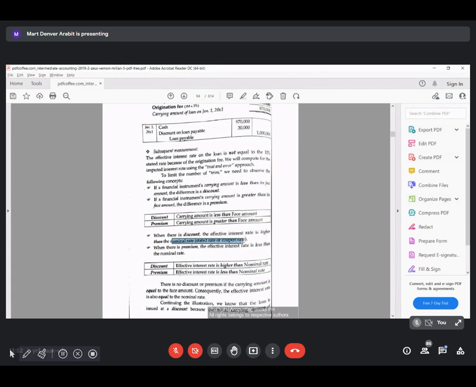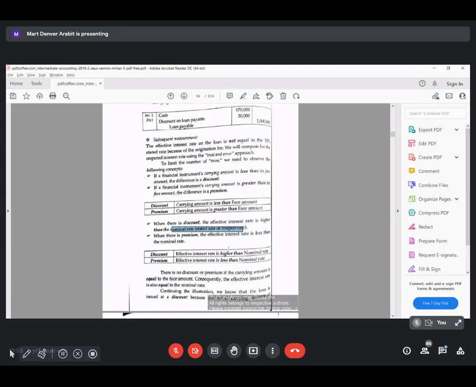So like kanina sa pinakita ko sa inyo, there is a discount on notes, there is a discount on loan for lease agreement namin kasi mas mababa yung nominal rate kumpara sa effective interest rate. That's why we are incurring higher interest.